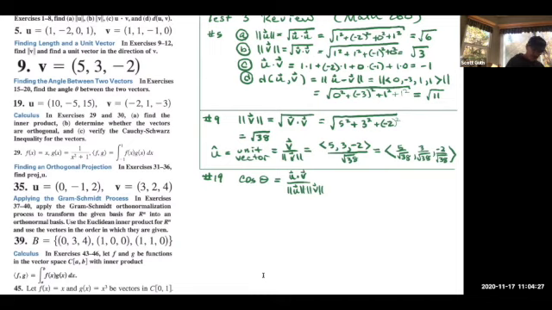So we'll do u dot v real quick. U dot v on 19 will be 10 times -2, minus 5 times 1, plus 15 times -3.